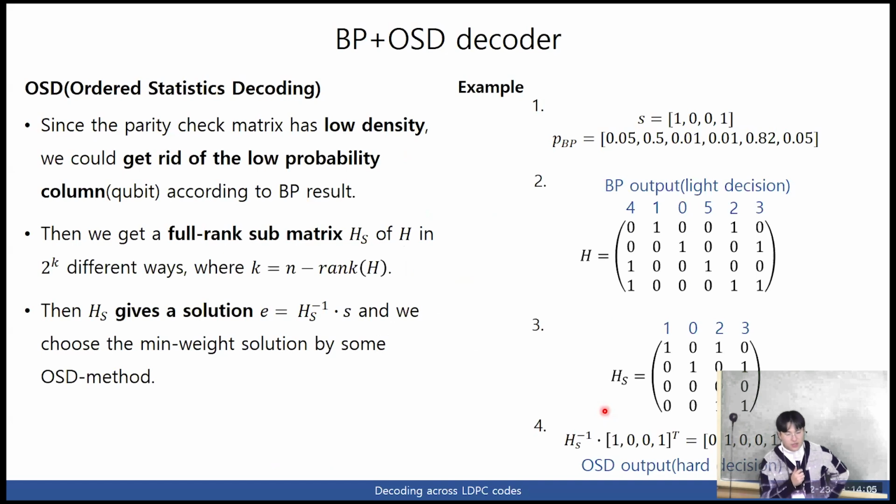We use the BP output as soft decision information, which means BP gives the probability that a bit is in error. We discard the low-probability qubits and get a full-rank submatrix. The full-rank submatrix always has an inverse, so we can get a direct solution for the problem.